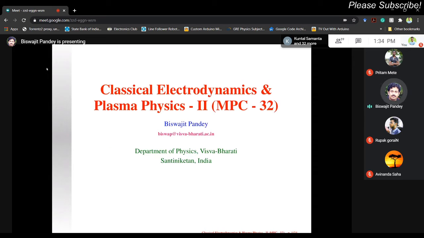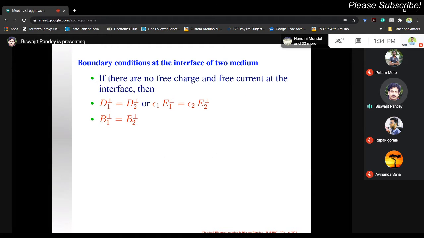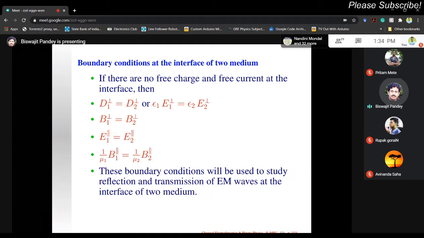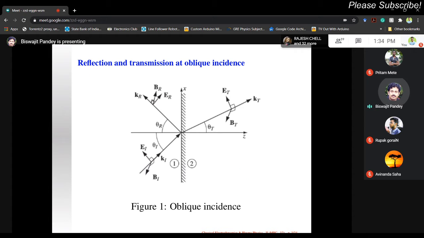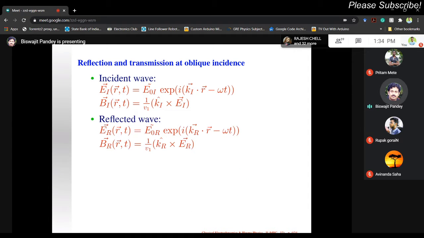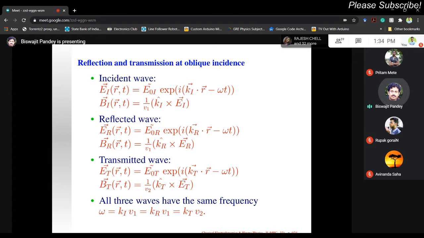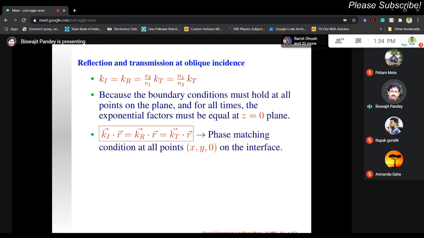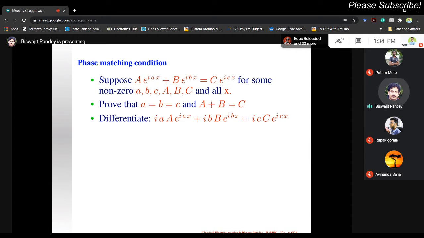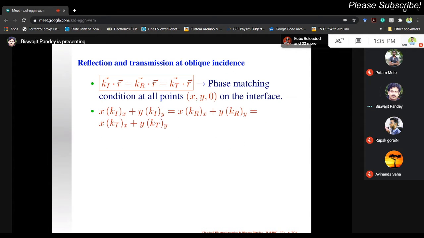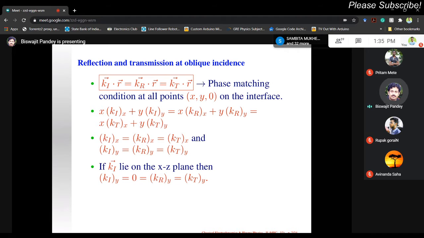Okay, so let's start from where we left in the previous class. I will just go with a fast recapitulation of what we have discussed. We applied the boundary conditions at the interface of two linear media, and we have seen that if we agree with this phase matching condition, then that enforces the law of reflection and law of refraction that is known to us already.